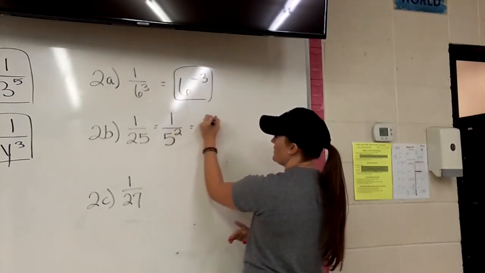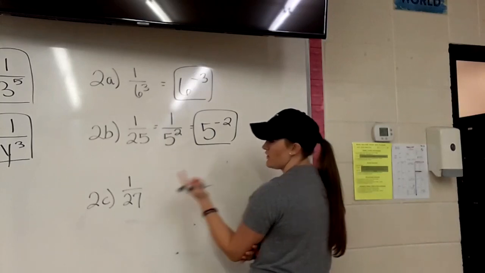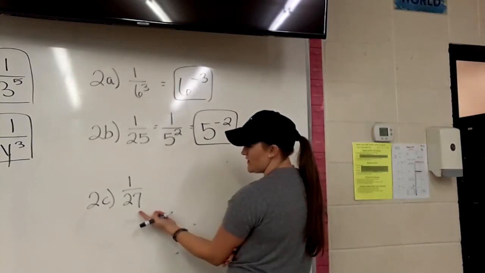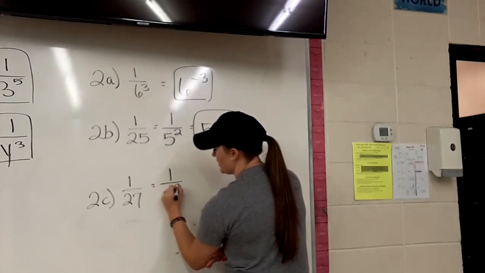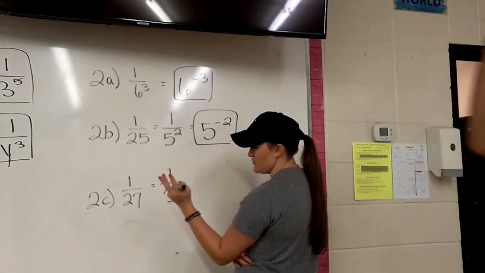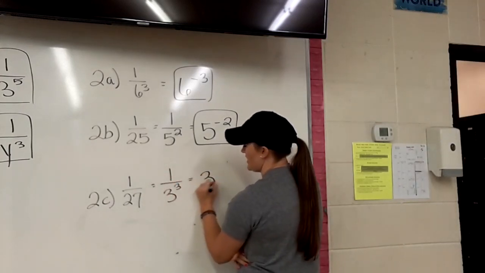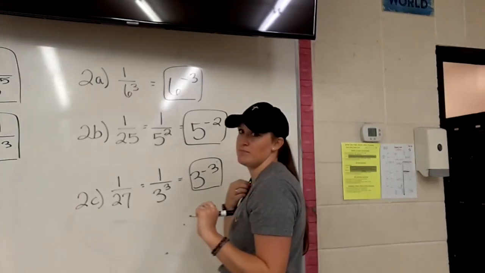Then we write it with a negative exponent, 5 to the negative second power. Then C, 27, we can write that as 3 to the third power because 3 times 3 is 9, 9 times 3 is 27, and that is 3 to the negative third power. That one made you think a little more.